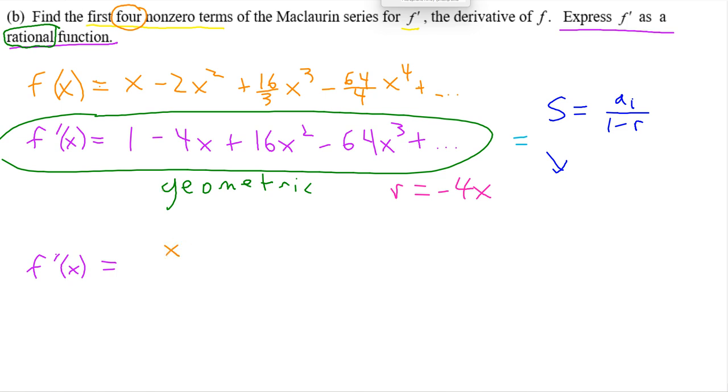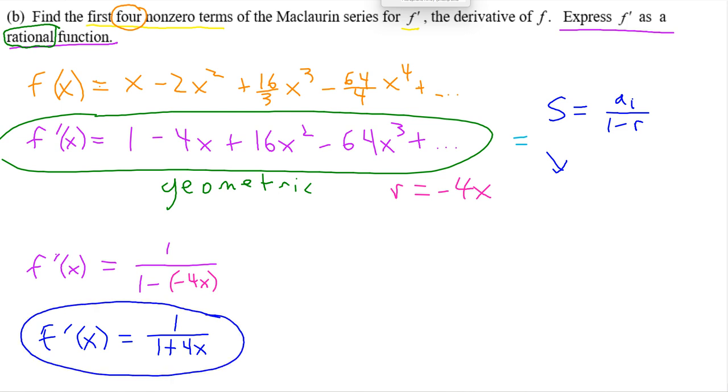Sorry, not x. It's looking at the wrong one. First term of the derivative is 1, because this one's not geometric. This one is 1 over 1 minus, we just figured out r is negative 4x. So the way we can express the derivative as a rational function is 1 over, the negatives cancel out, 1 plus 4x. So that now we have it as a rational function as opposed to a polynomial.